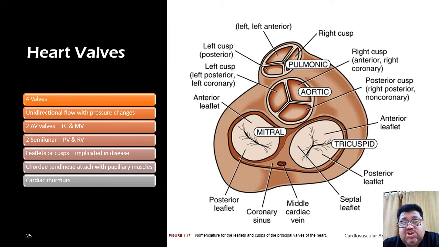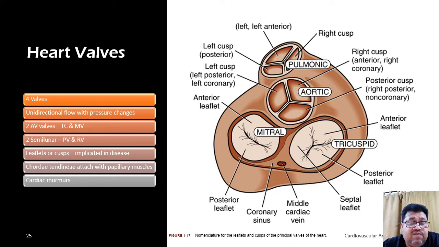An initial disturbance of valvular function may be picked up by auscultation, or using a stethoscope over the chest, over the heart areas. There are specific areas where the stethoscope needs to be placed to pick up sounds from specific valves.